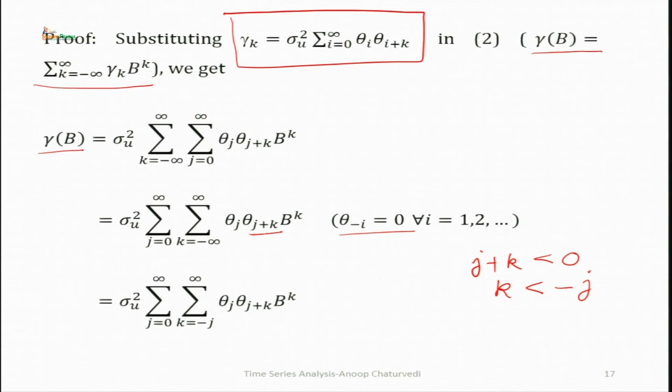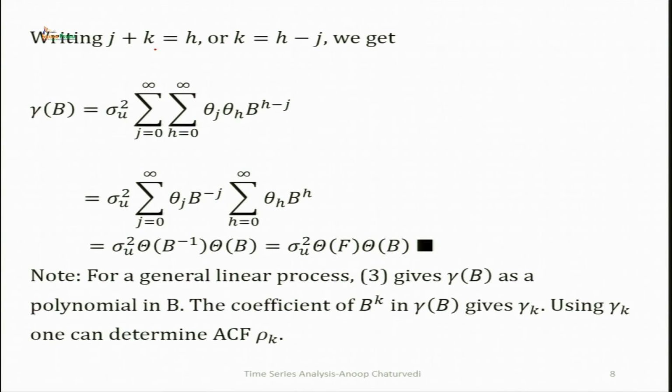So, we start from k equal to minus j and go up to infinity. Now, we write j plus k is equal to h, or k is equal to h minus j. Then we obtain gamma(B) is equal to sigma squared u, j equal to 0 to infinity, h equal to 0 to infinity, theta_j theta_h.